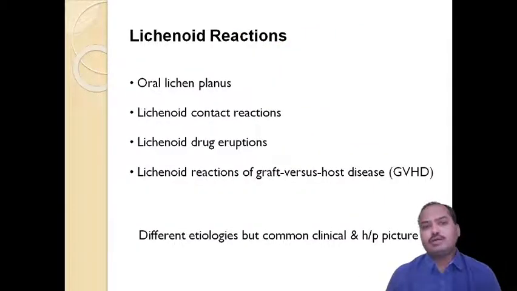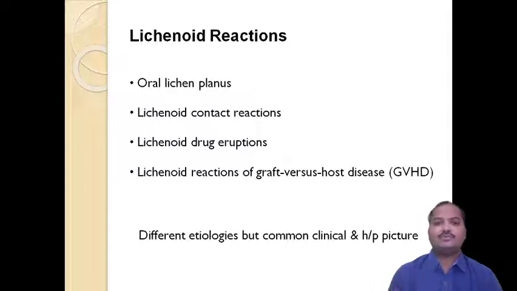Then we come to a category of lesions which are broadly classified into lichenoid reactions, meaning lesions having a lichenoid-like appearance. These lesions may be oral lichen planus, lichenoid contact reactions, lichenoid drug eruptions, or lichenoid reactions of GVHD, graft versus host disease. Now, there may be different etiologies.